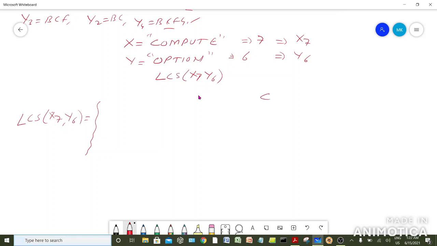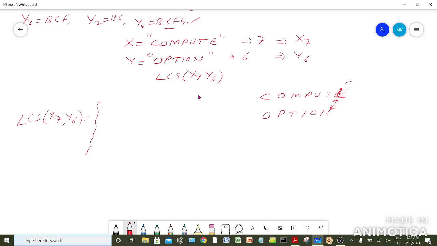There are two words, one is COMPUTE and one is OPTION. For generating the longest common subsequence, start from the last letter of each word, that is E from X and N from Y.